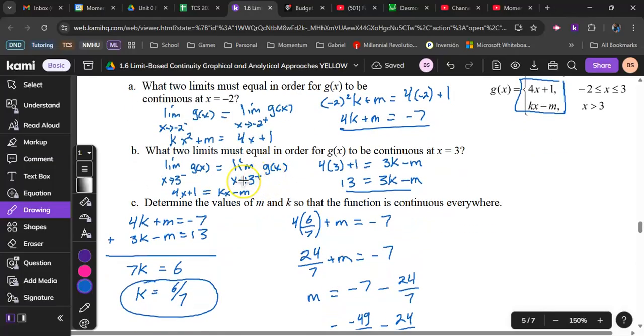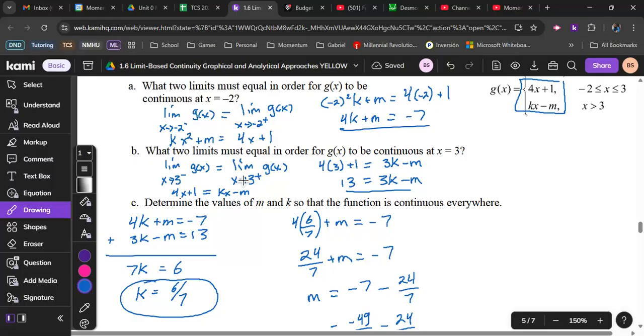Now, this is where I know a lot of you got stuck. You wrote down these equations and you were like, what do I do? Well, you have to kind of just analyze it. If I subtracted these, I'm going to get k and positive 2m. That's not helpful. It didn't eliminate anything. If I add them, I'm going to get 7k and 0m. That's helpful.